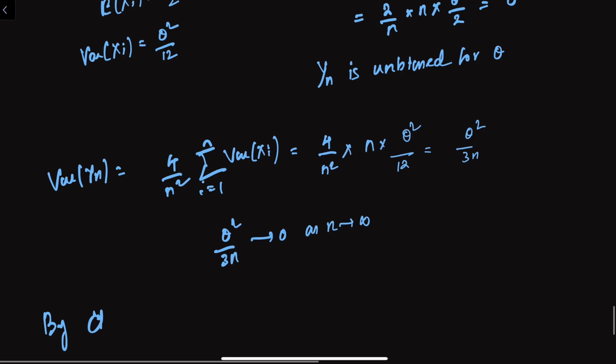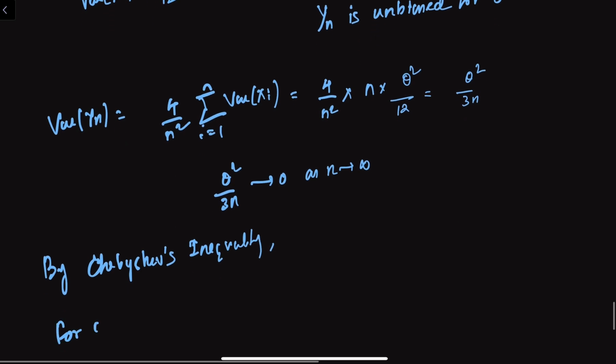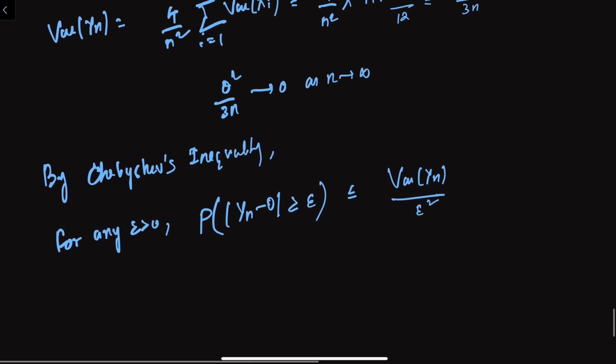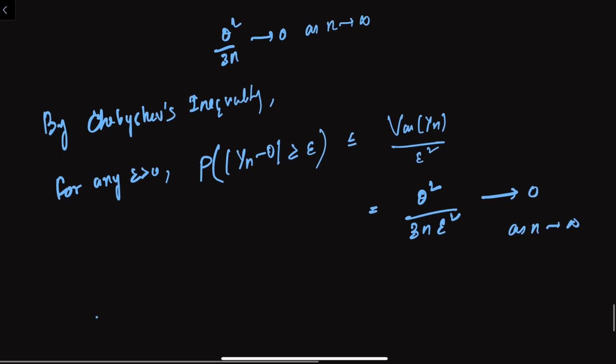So by Chebyshev's inequality, we can note that for any epsilon greater than 0, the probability of mod of Yn minus theta greater than or equal to epsilon is less than or equal to the variance of Yn divided by epsilon square, which is theta square by 3n epsilon square, and this tends to 0 as n tends to infinity. So we can say that Yn tends to theta in probability.